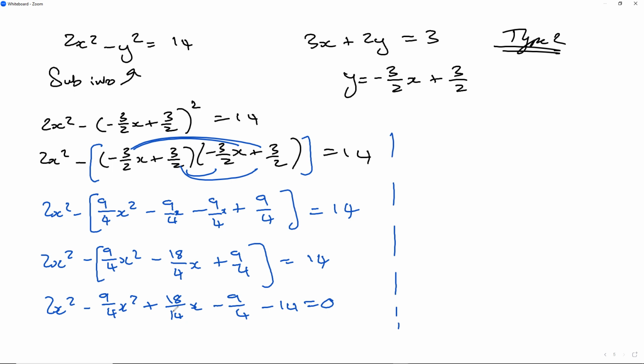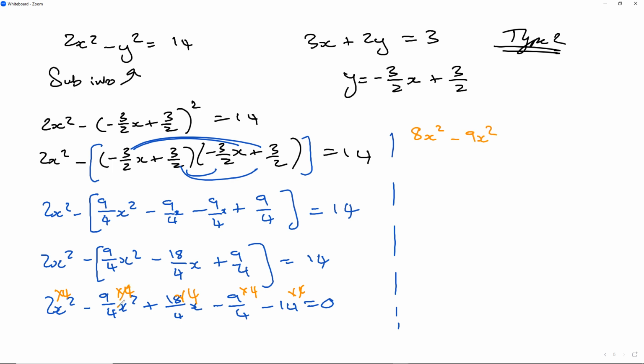All right, so this is 18 over 4, not 14. And so I can see my common denominator is going to be 4. So if I multiply every single term by 4, I'm going to end up with the following. 4 times 2 is going to get me 8x squared. 4 times 9 is going to be negative 9x squared.